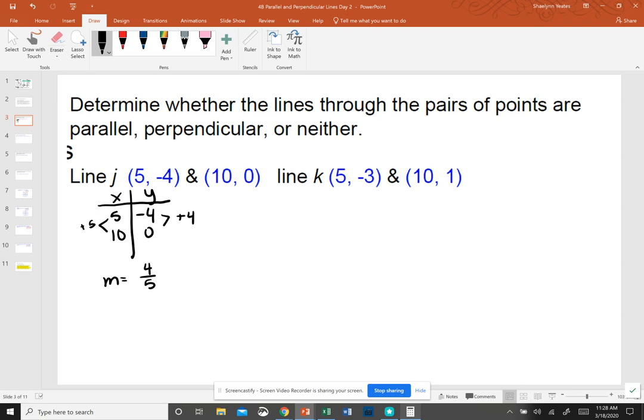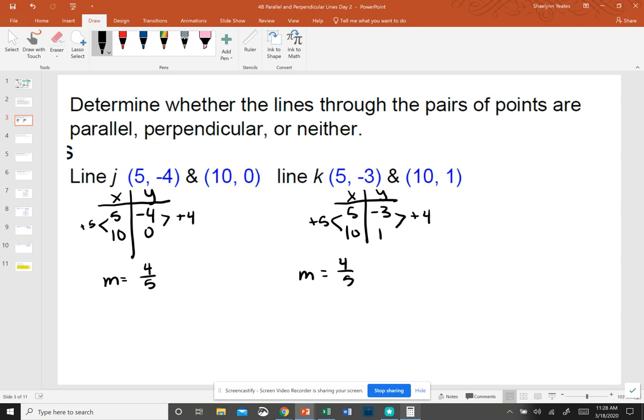Okay? And then on the second line, let's go ahead and make a table. We've got x's and y's. We've got 5, -3, 10, 1. My x's went up by 5. My y's went up by 4. And then my slope is again going to be 4/5.